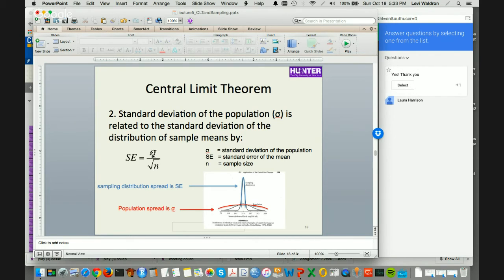Remember that sigma is the variability of individuals in the population, and the standard error is the variability of sample means. If you have samples of size 1, it will be the same, but for any samples larger than 1, the variability of those sample means will be less than that of individuals in the population.